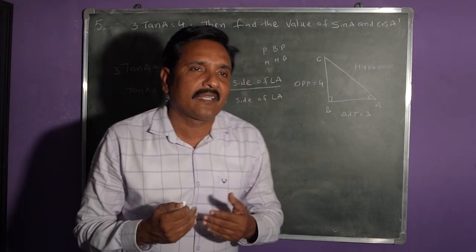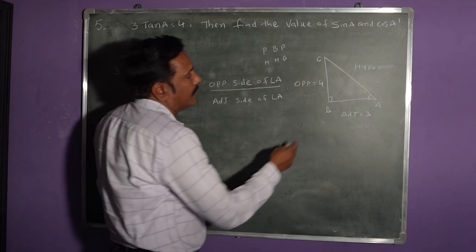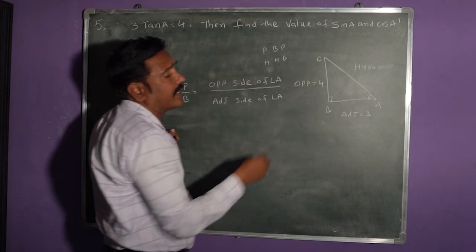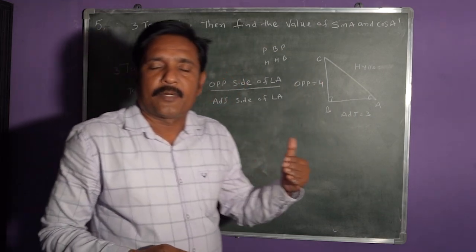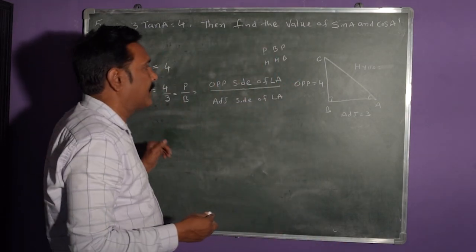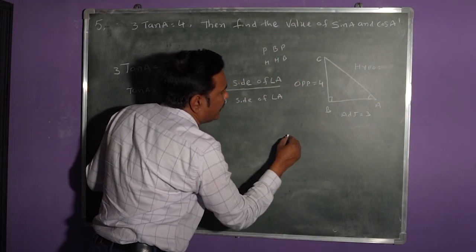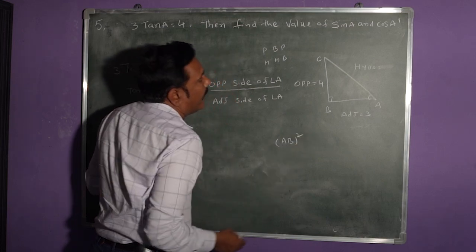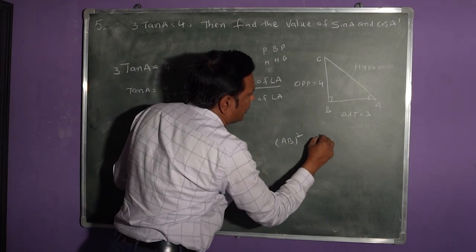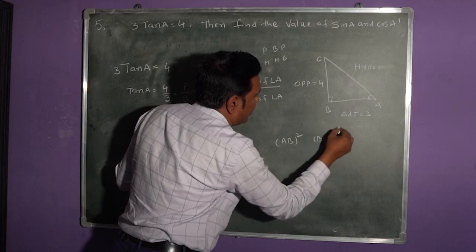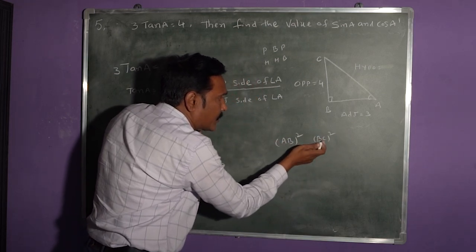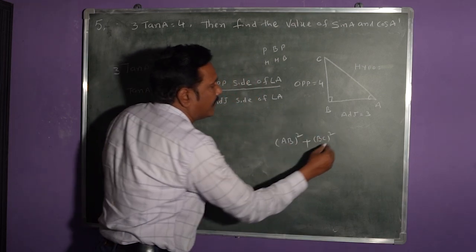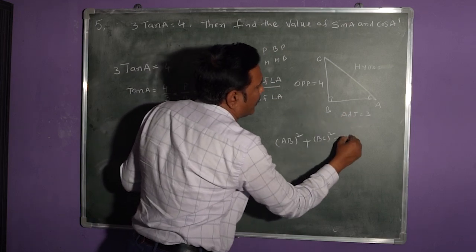Pythagoras theorem is there. The Pythagoras theorem is: the sum of the squares of two sides is equal to the hypotenuse square.